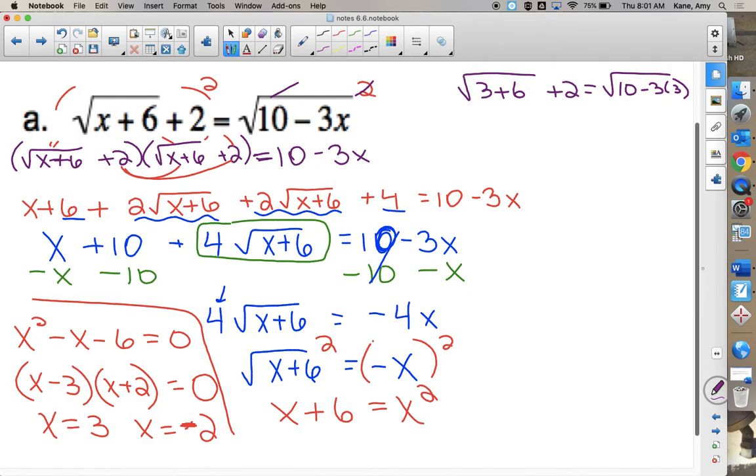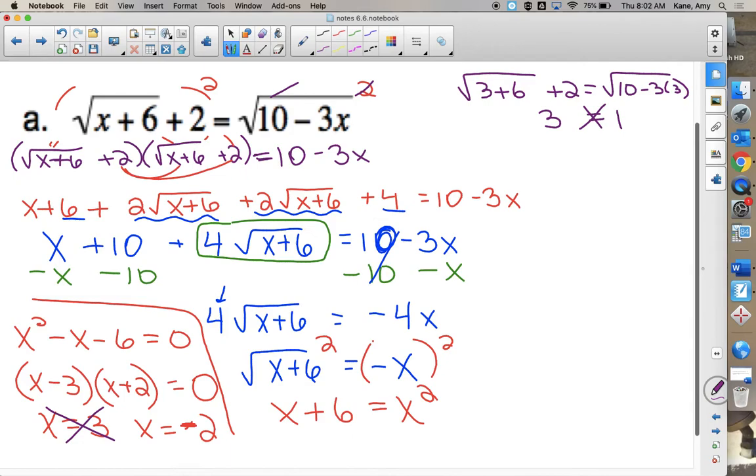On the other side, I have the square root of 10 minus 3 times 3. So Michael, on the left side, what do you end up with? And on the right side, you get, does 3 equal 1? Never. 3 never equals 1. So that definitely does not work because 3 does not equal 1. So 3 is not a solution.